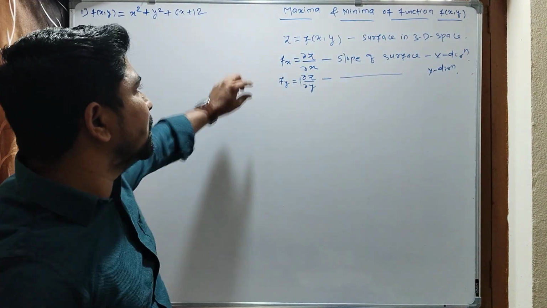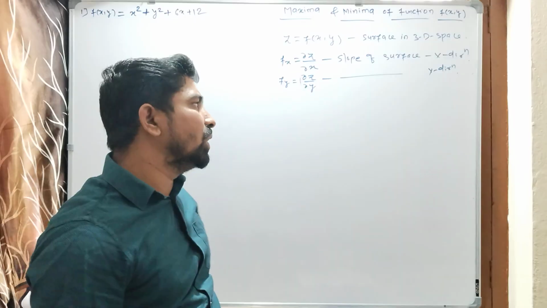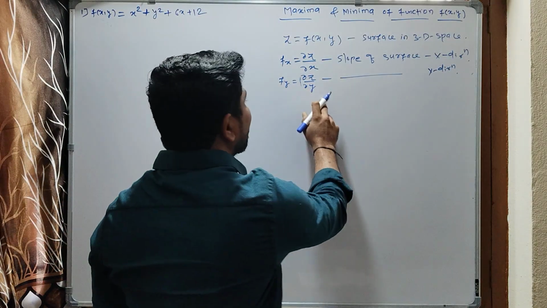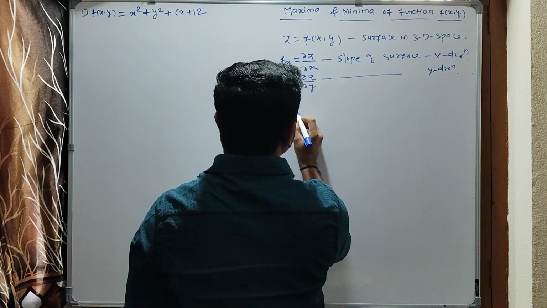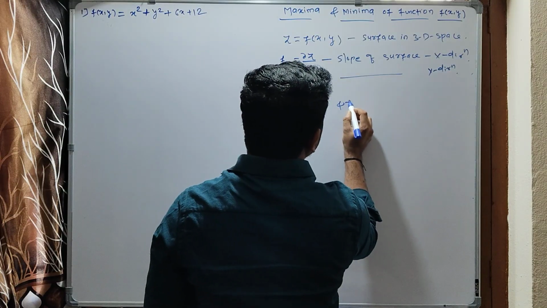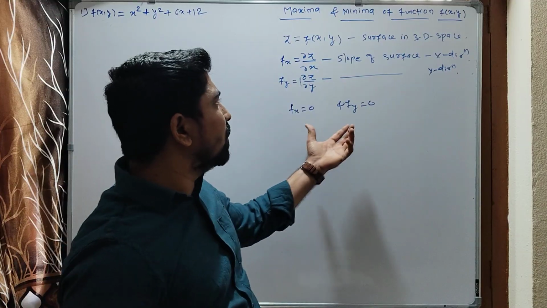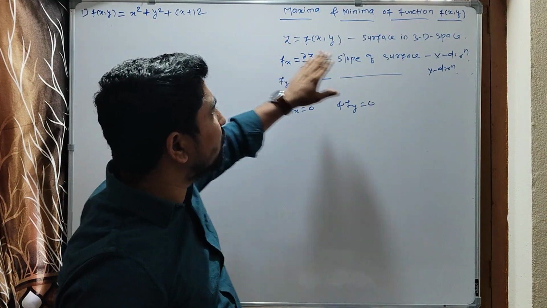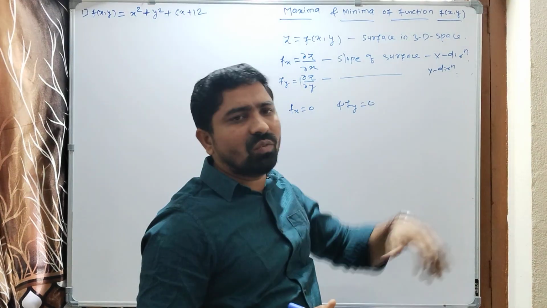Here this is the slope of my surface along the x direction, and this is the slope of my surface along the y direction. Now we have to solve fx equal to 0 and fy equal to 0.